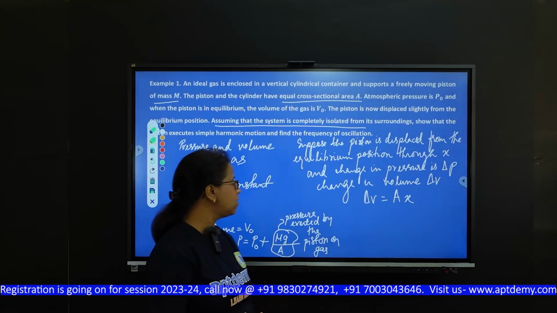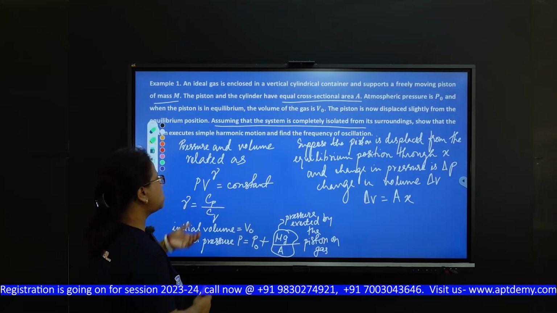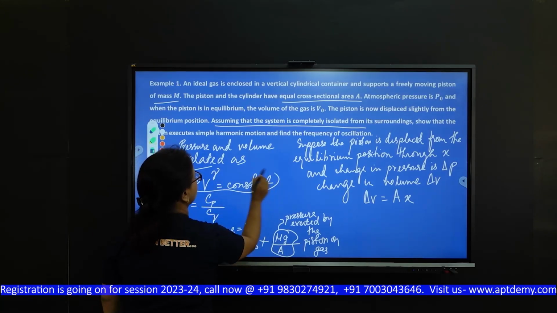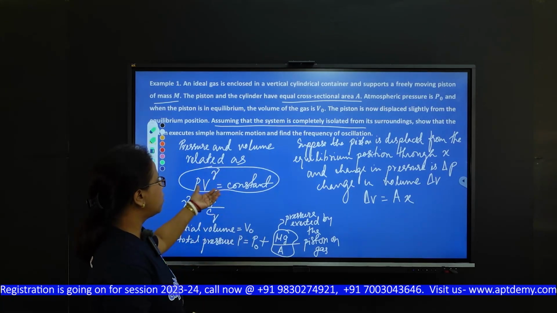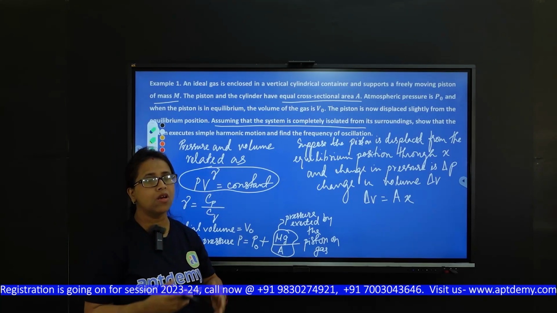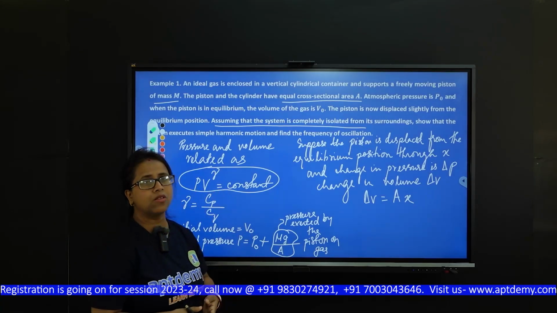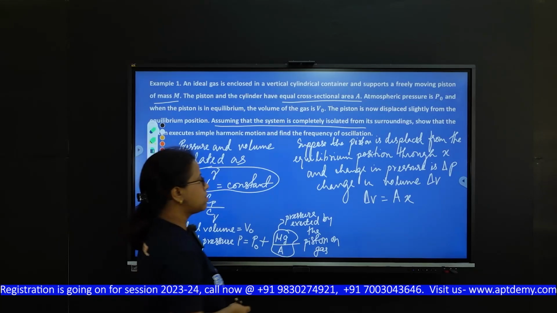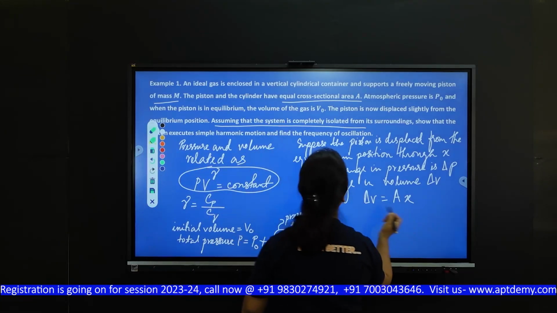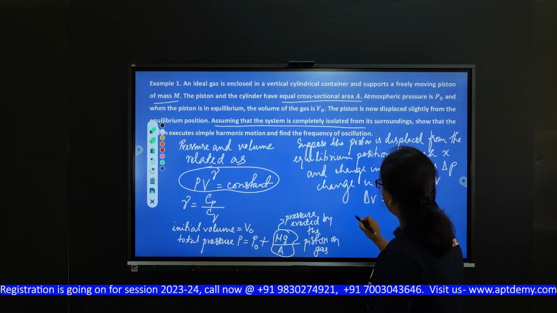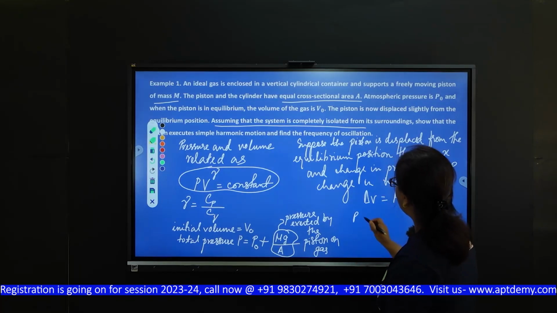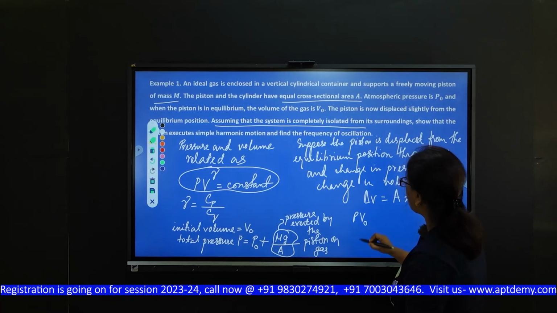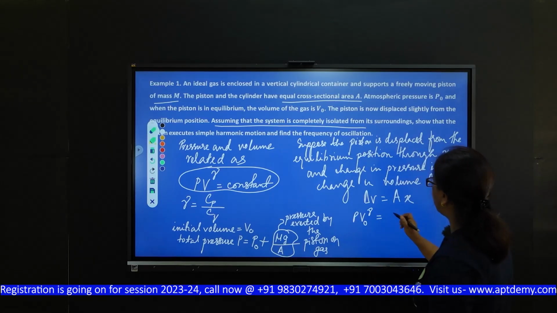Now let's proceed with the same relation. Since this is constant, the product for the initial and the final conditions will be the same. So the initial part, we have the initial pressure as P, the initial volume as V0 to the power gamma, and this is equal to the final part.